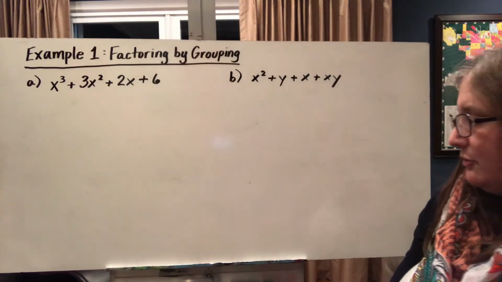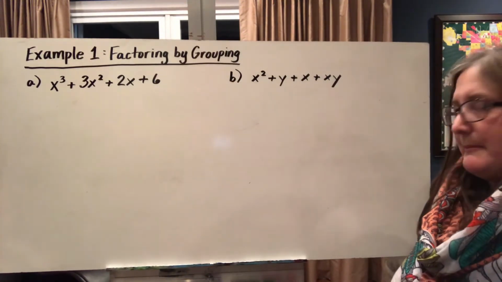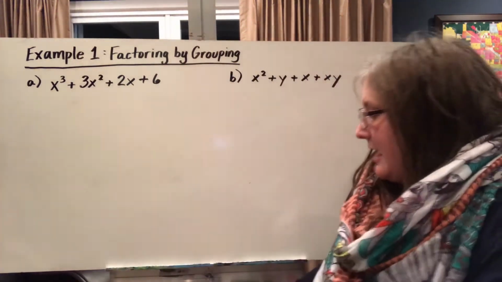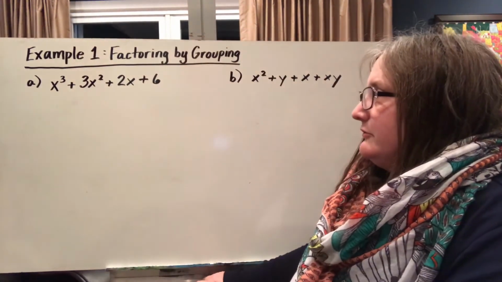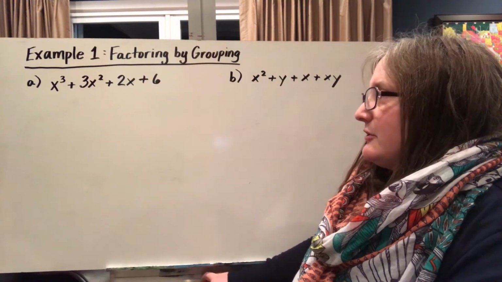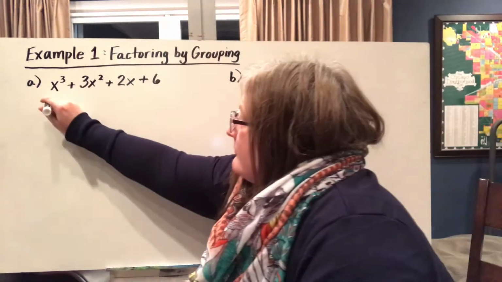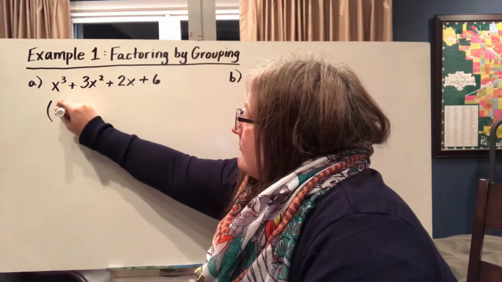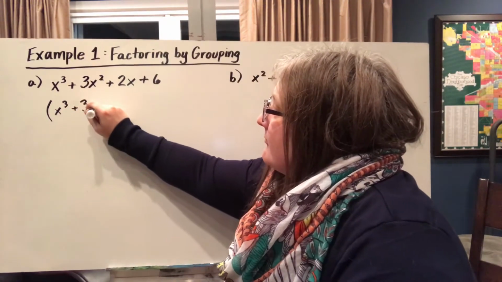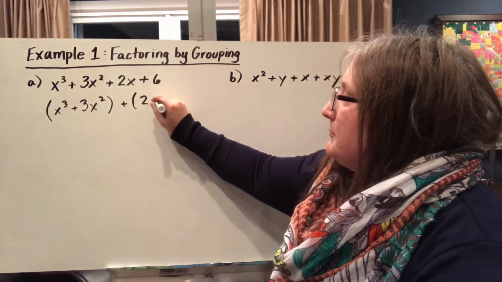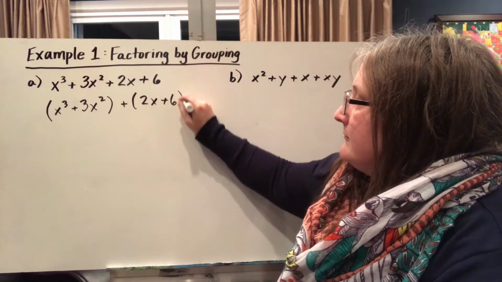So here our polynomial has four terms, but I'm going to create two groups where I can factor something common out of those groups. So in this case, I'm going to put together my x cubed and my 3x squared. And I'm going to make a group of my 2x plus 6.